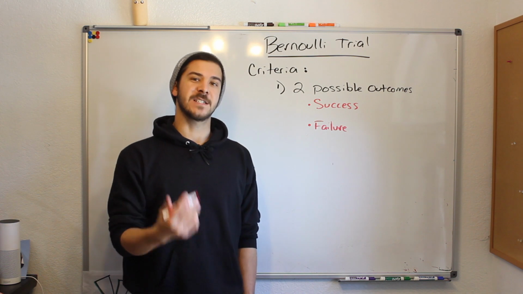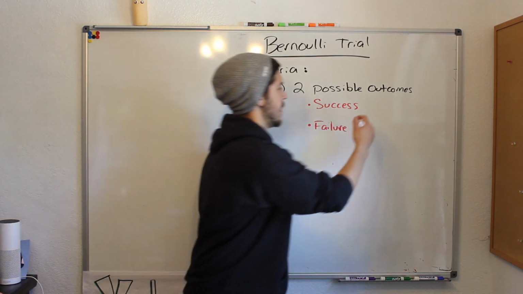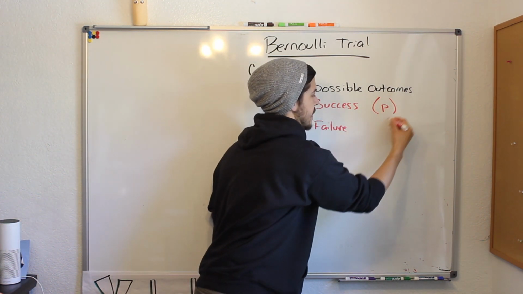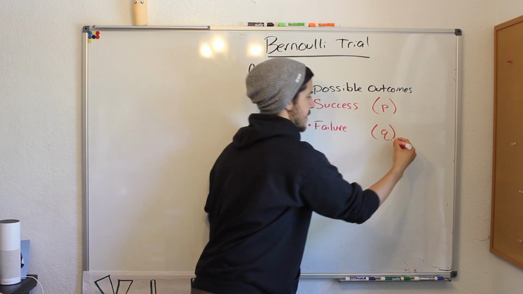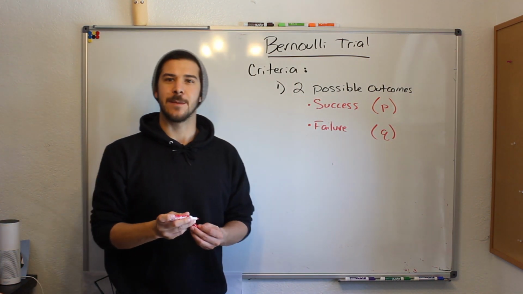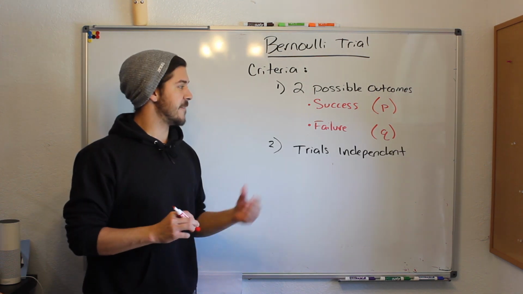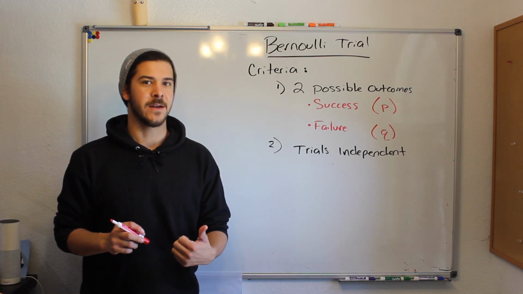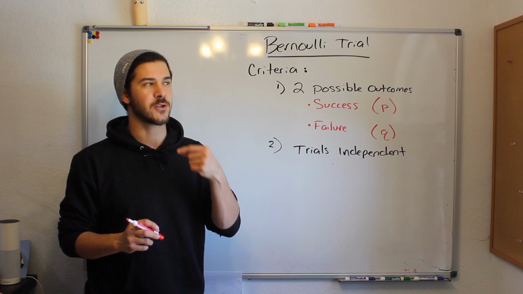Now, for success, we can actually talk about the probability of success labeled as P and the probability of failure labeled as Q. If trials are independent, I want you to think really quick, what does that actually mean?